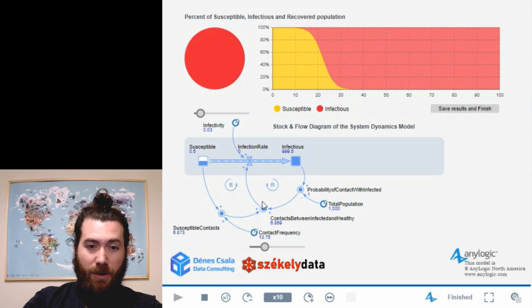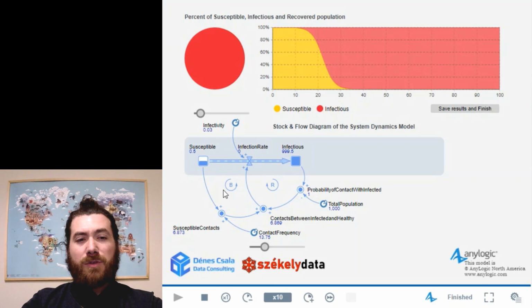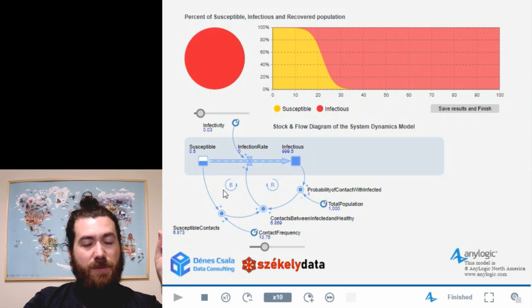There's also a higher number of contacts between the infected and the healthy, which will increase my infection rate in turn, but a higher infection rate will decrease the susceptible stock. You see that it will suck away from the susceptible stock. So it will actually decrease my susceptible people. So this loop provides a balancing mechanism, which makes sense because you're transitioning from the susceptible to the infectious state. We will do the same exercise in terms of states using agent-based modeling maybe.